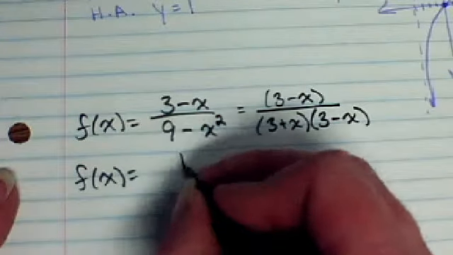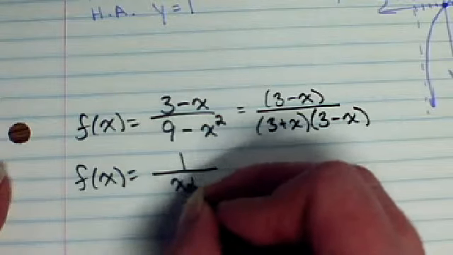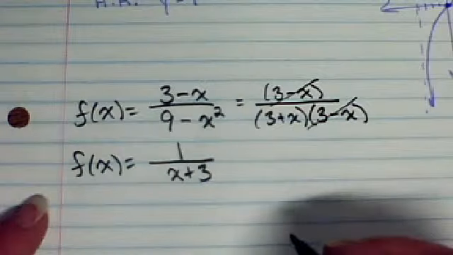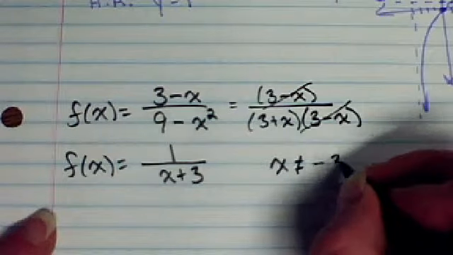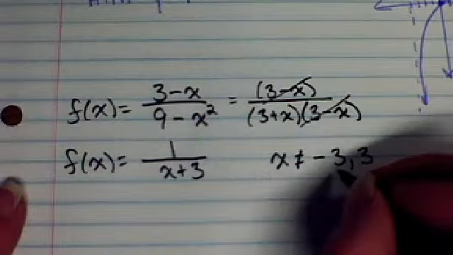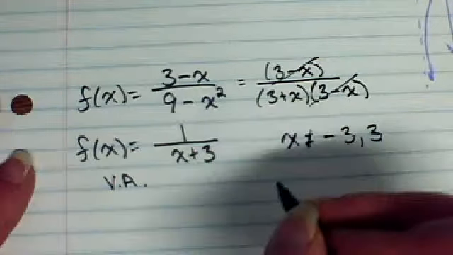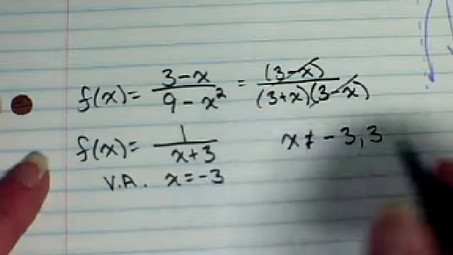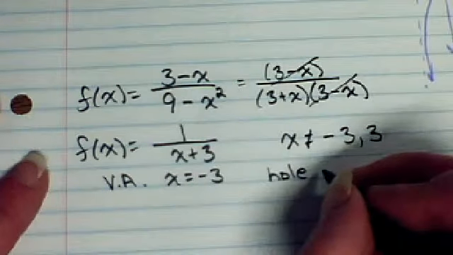That leaves you with a 1 over 3 plus x, or I can call that x plus 3. These divide out. Notice my domain is still that x cannot be negative 3 or 3. Negative 3 is a bad number because that is the vertical asymptote. That makes the denominator 0. 3 is a bad number because that's where the hole is.